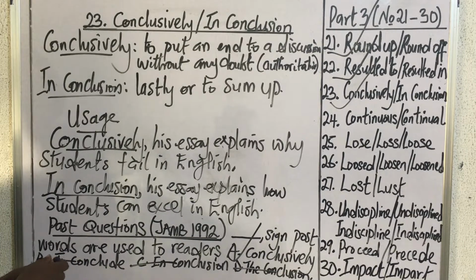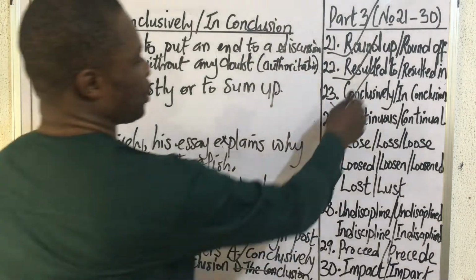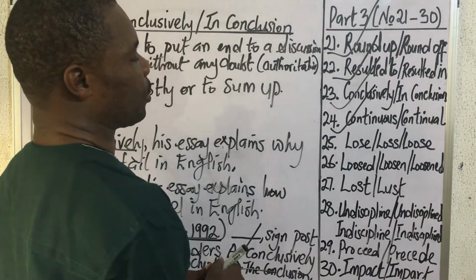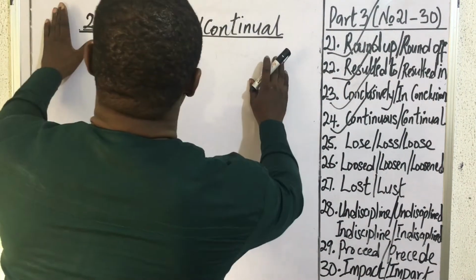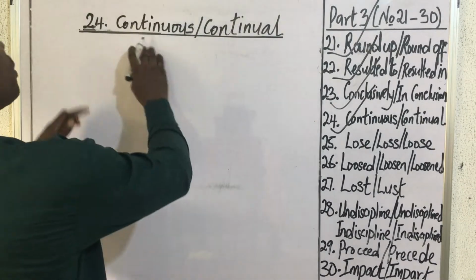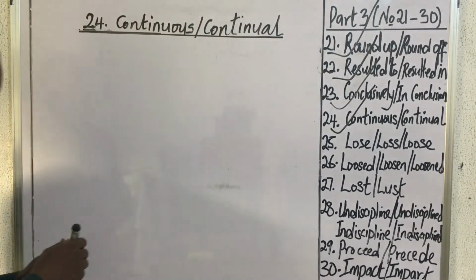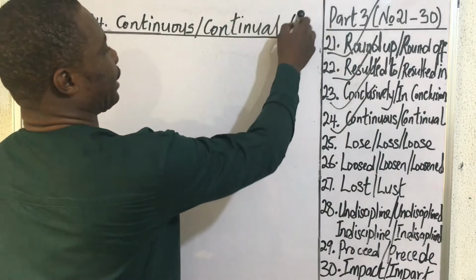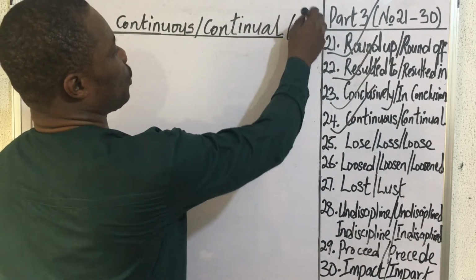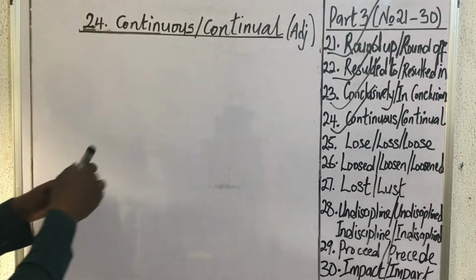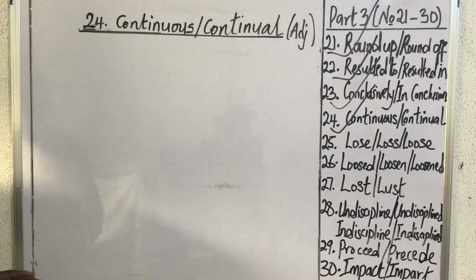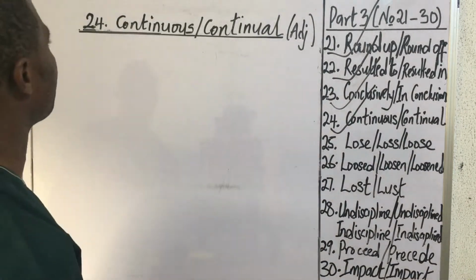Therefore, we now move forward to item number 24 on our list, which is continuous and continual. Item number 24, continuous and continual. These two words are adjectives, okay? Because we use them to describe certain things, especially events or activities.